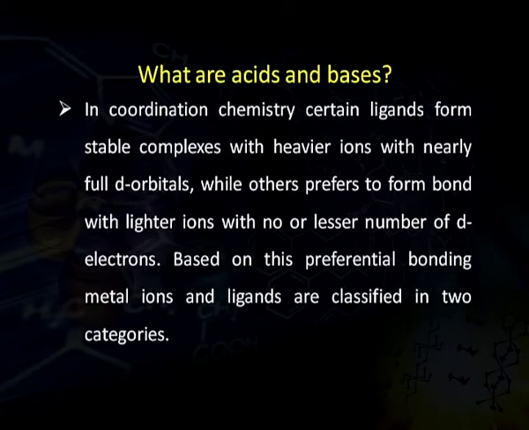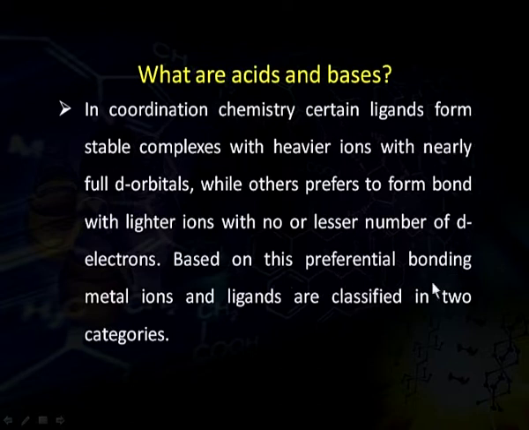In coordination chemistry, certain ligands form stable complexes with heavier ions which have nearly full d orbitals, while others prefer to form bonds with lighter ions with no or a lesser number of d electrons.